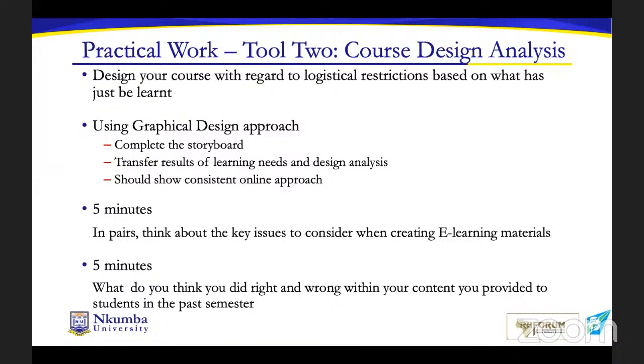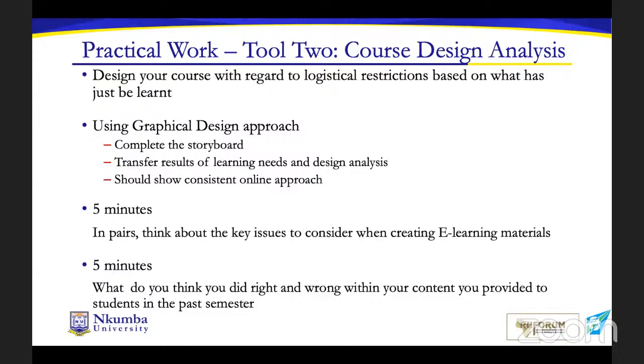Colleagues, this brings me to our practical session. We have tool 2 now, which requires you to analyze your course design and see exactly what works and what does not work.